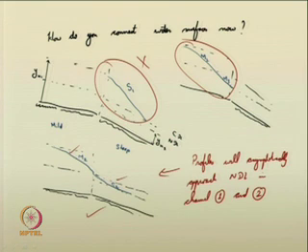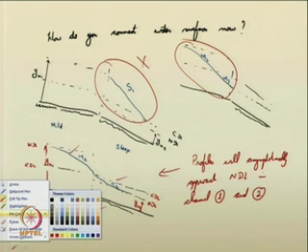So, here it will asymptotically reach the normal depth line, here also it will asymptotically meet the normal depth line, because this is the normal depth line, this is the critical depth line. This depth is yn1, this depth is yn2. Okay. So, like that you can think of that.